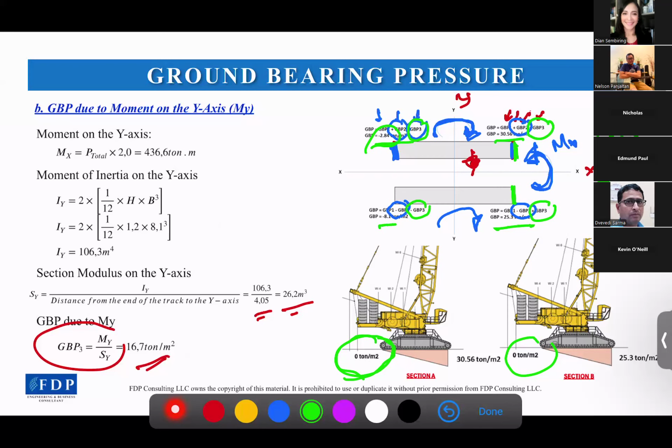So this example we have here is not a good lifting plan for us to follow. I just want to show you what is not good to follow for the next lifting plan. So yeah, I think that's all for the ground bearing pressure.